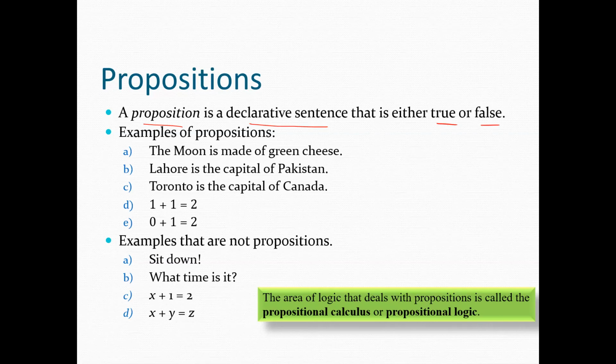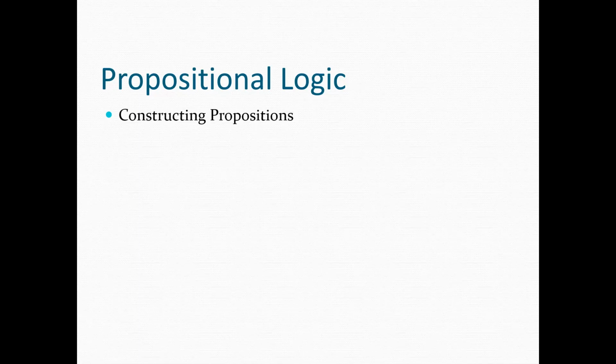Now, what is propositional logic? The area of logic that deals with propositions is called the propositional calculus or propositional logic. For constructing propositions, we need variables. So we have to assign variables to the statement which is a proposition.